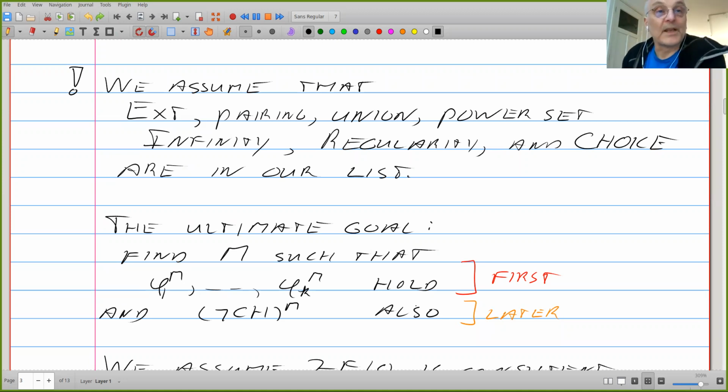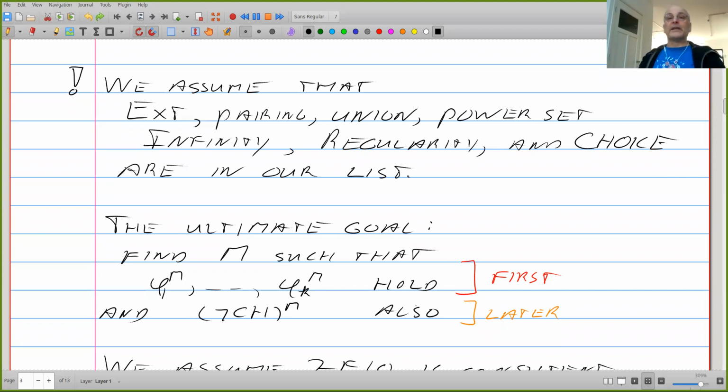Because extensionality, we already saw that it holds in a transitive set. Pairing, well, the rank of a pair is just one up from the rank of its constituents. The rank of the union is at most one up. The rank of the power set is one up. Infinity has rank omega, so if we take a limit ordinal above omega, then we have omega in V alpha.